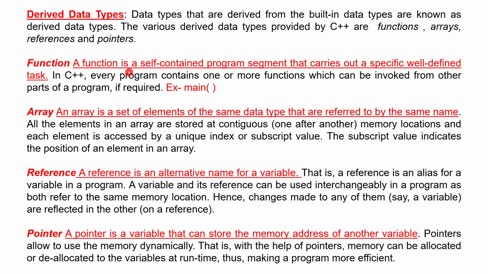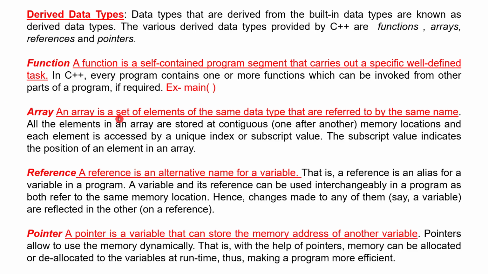A function is a self-contained program segment that carries out a specific well-defined task. You'll learn about function, array, reference, and pointer in detail in module 2 and module 3. Here just an introduction is given.